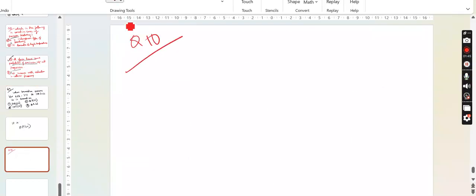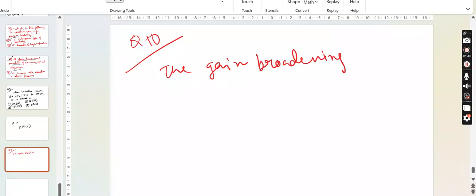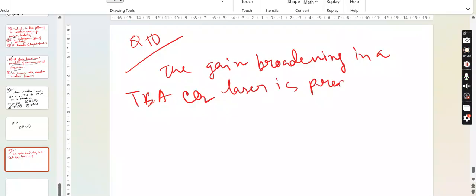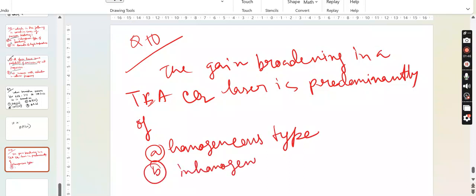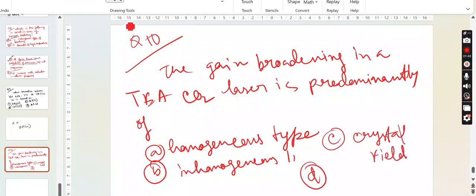Question number 10. The gain broadening in a TEA carbon dioxide laser is predominantly of: A, homogeneous type; B, inhomogeneous type; C, crystal field; D, none of the above.